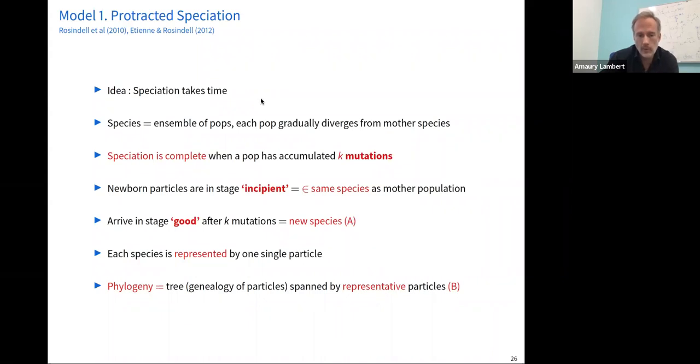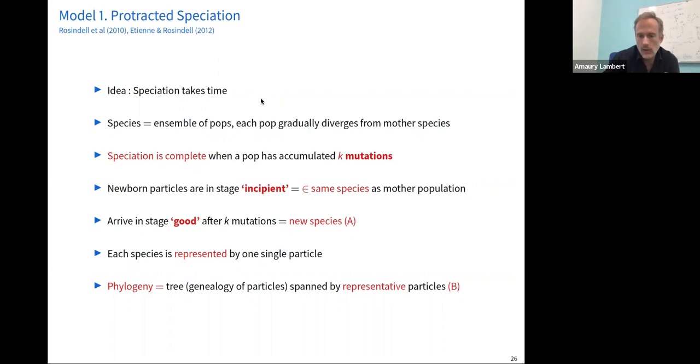The newborn particles are called incipient. The first stage in which they are born is called incipient, which means that they belong to the same species as the mother population. And after having accumulated K mutations, they arrive in a stage which is called good, meaning that they now start a new species. So that's for A. It induces a natural partition of particles into species.